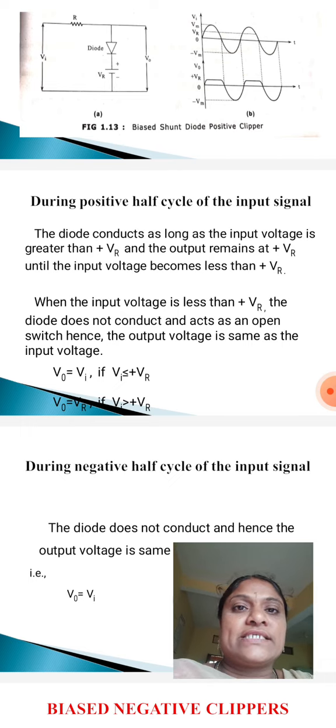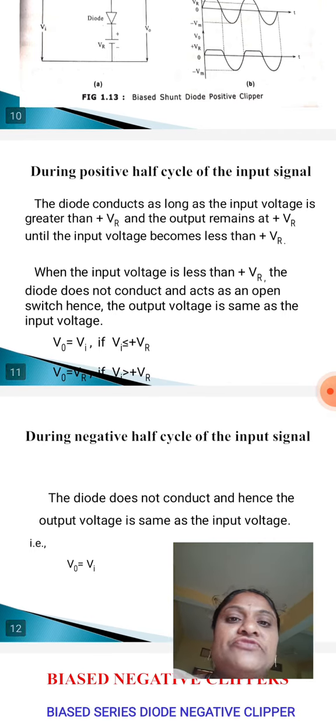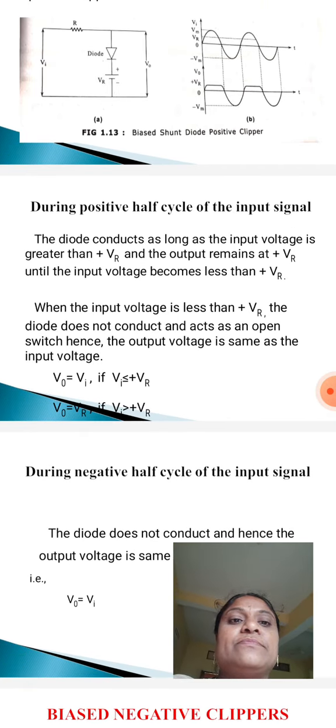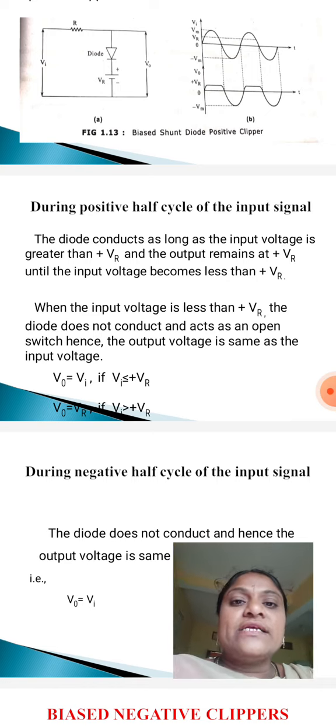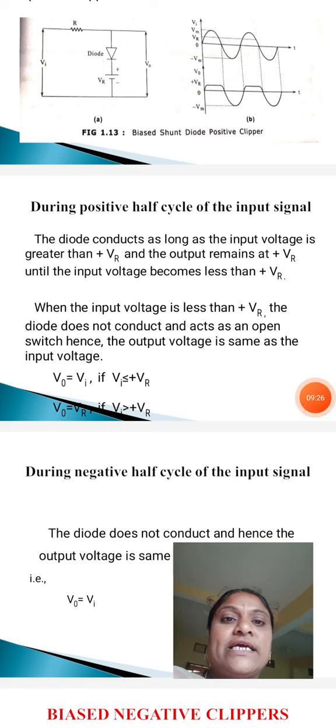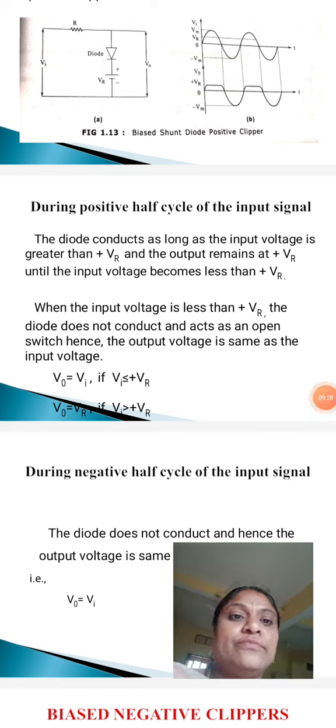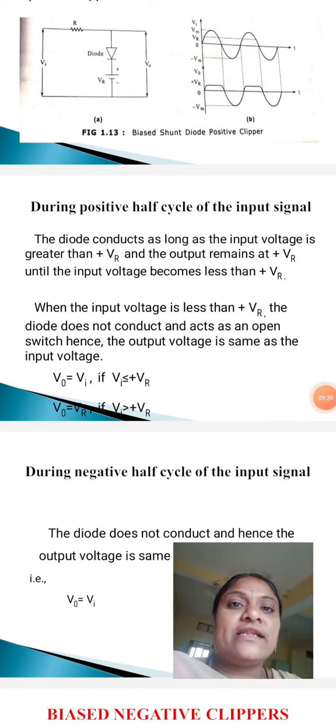The diode conducts, so the output remains at VR until the input voltage becomes less than VR. I repeat this point again. During the positive half cycle of the input signal, the diode conducts as long as the input voltage is greater than the bias voltage plus VR, and the output voltage remains at it.